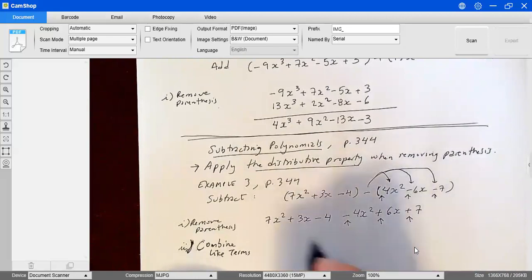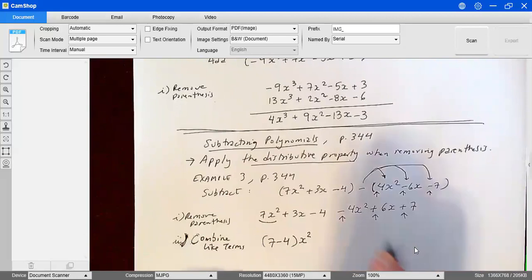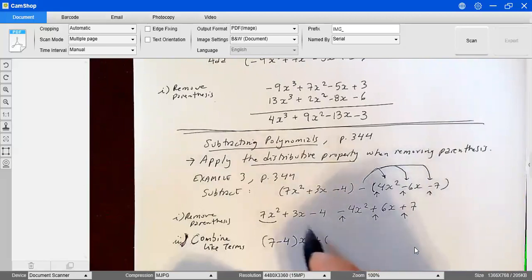So we're going to start with this power of x squared. We have 7 here, -4 here. So those are the coefficients for x squared. Then I'm going to use a plus always. Then I'm going to write inside of parentheses the coefficients of the next power of x.